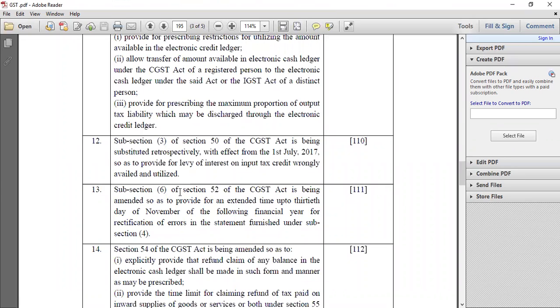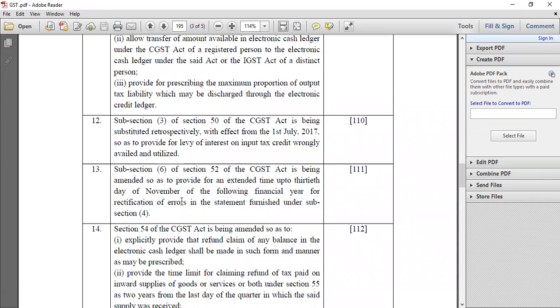Then another amendment in Section 52, Subsection 6 of CGST Act to provide extended time up to 30th day of November of the following financial year for rectification of errors in the statement furnished under Subsection 4. Section 52, Subsection 4 provides furnishing of return by TCS collectors in Form GSTR 8.